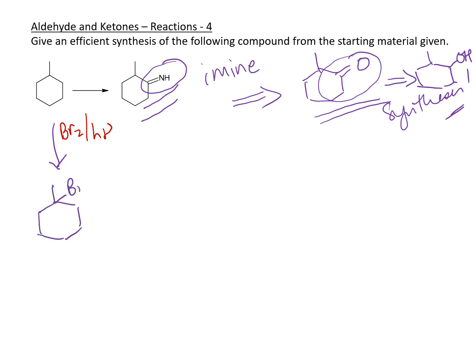Now bromine is very selective, so you get only one product, which is the most stable radical that's formed, which is tertiary. That's the only product you want, and you have to select reactions like that, which will give you the least number of products, so you don't have to worry about separation or losing any of your product.